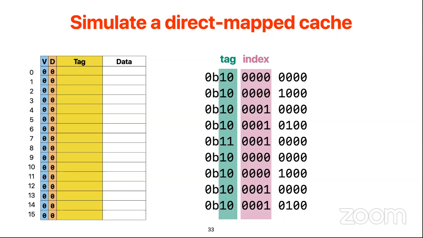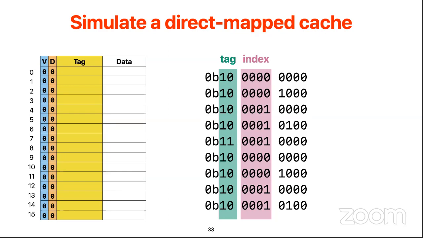And when we try to match the cache, we don't need the block offset, because the block offset is only for us to figure out which word in a block we need to output. So if you want to judge if it's a hit or miss, all you need is the tag and the index. Okay, so right now for the first address, which set or block should I look for the data?